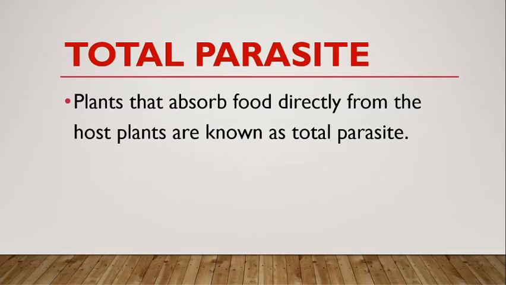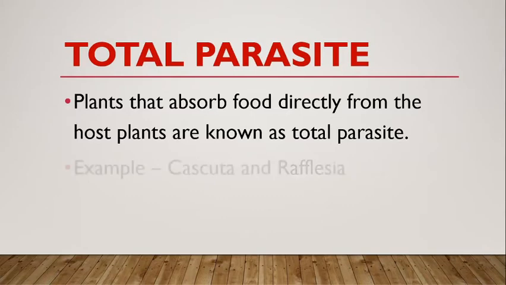So, total parasites absorb food directly from the host plant. They do not prepare food for themselves. But in case of semi-parasite, they absorb water and minerals and they prepare their own food. So this is the main difference between semi-parasite and the total parasite.